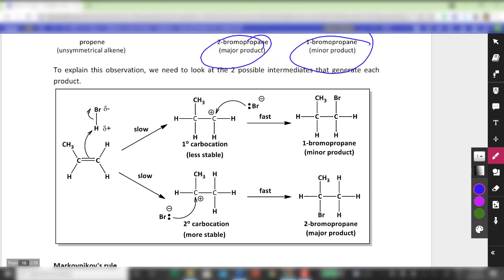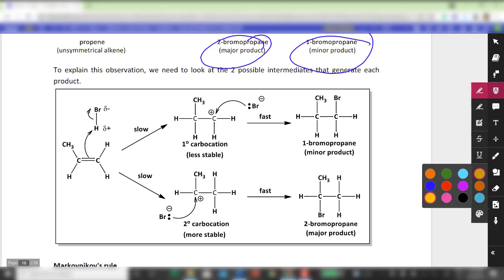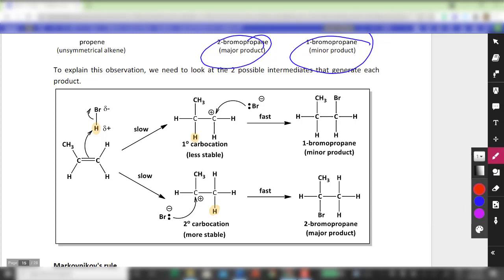Okay, now you'll notice that I'm going to highlight this particular hydrogen here with yellow. So when the hydrogen is added to the first carbon, it forms a primary carbocation. If the hydrogen is added to the second carbon, you actually produce a secondary carbocation. And as we learned earlier on, the secondary carbocation is actually more stable.